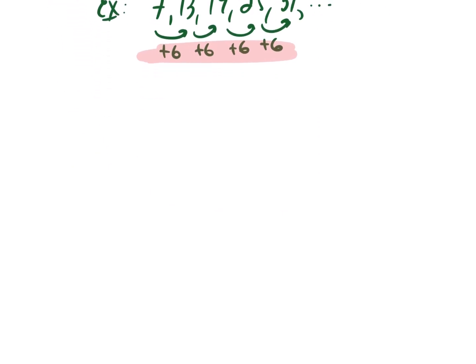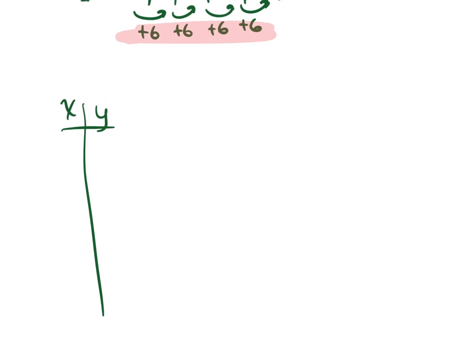Okay? Now, if we were to look at the graphs of one of these, it's going to become apparent why we're doing this right now. The table of values that we get for a geometric sequence could look something like this: 1, 2, 3, 4 for the x's, and something like 2, 8, 32, 128 for the y's.